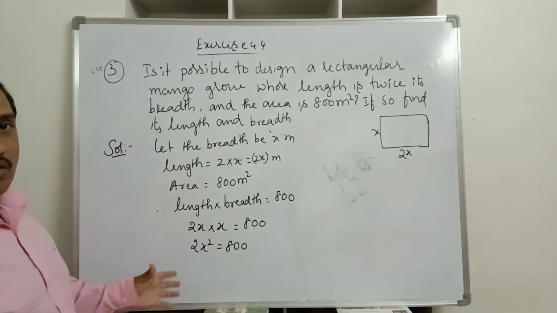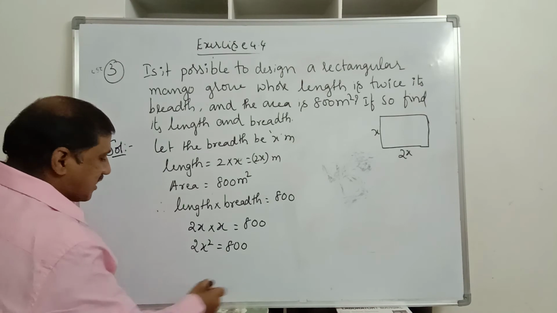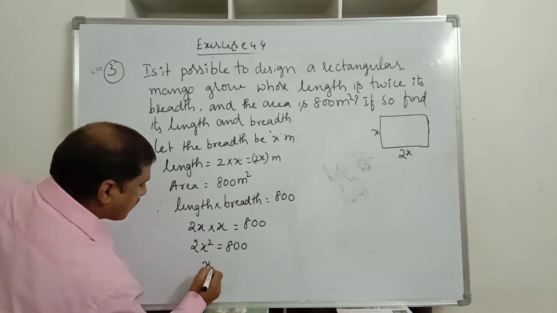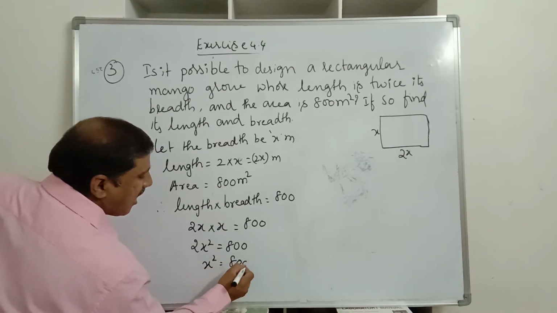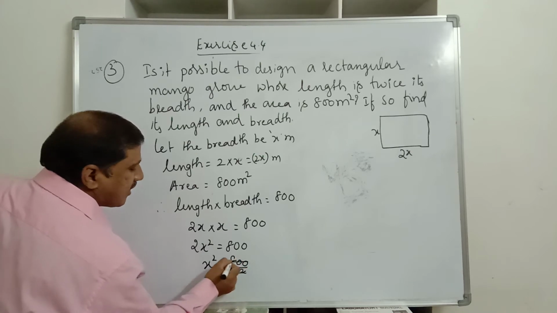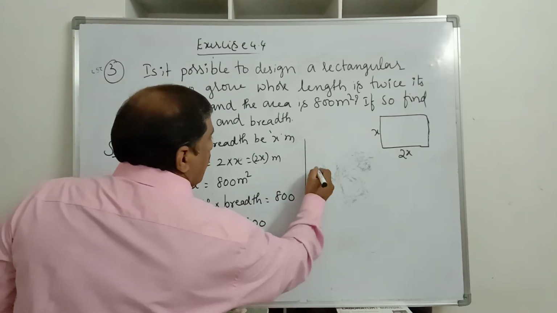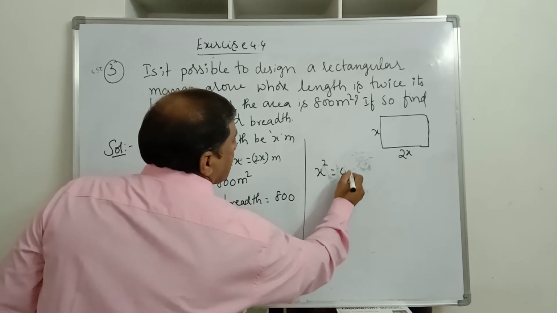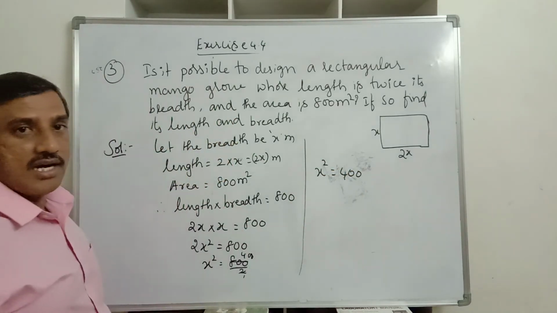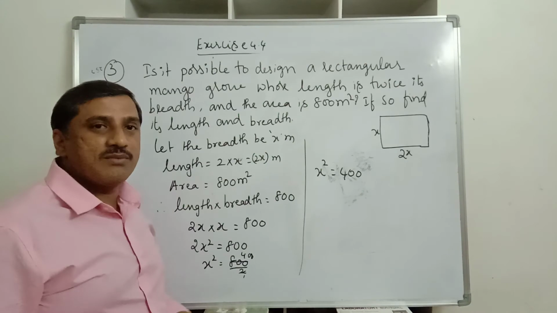Is it a quadratic equation or not? Transposing 2 to that side, we get x square is equal to 800 by 2, that is 400. So x square is equal to 400.